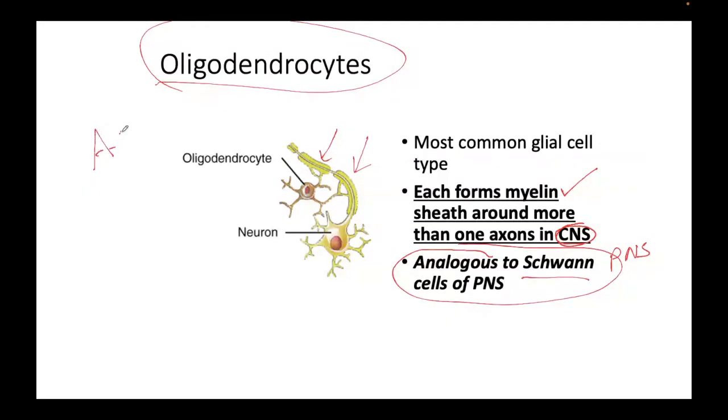When we have an autoimmune condition against the oligodendrocytes or even the Schwann cells, this autoimmune disease is referred to as MS, multiple sclerosis. MS is when the body is attacking its own proteins or attacking its own Schwann cells or attacking its oligodendrocytes so that the person is not myelinating very well.